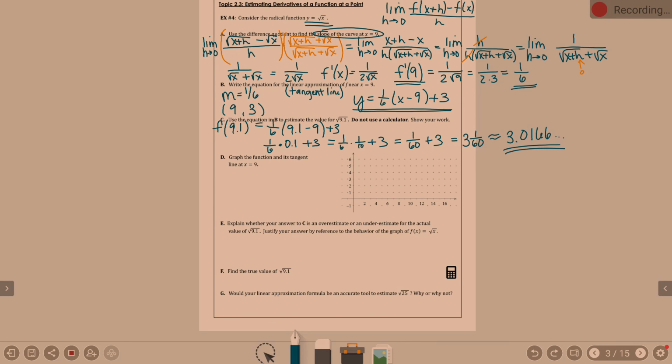D, graph the function and its tangent line at x equals 9. Okay, the function. Do you guys remember from pre-calc what square root of x looks like? Think 0, 0, 1 comma what? 1, 1. What's the next value I should put in? I don't want to take the square root of 2. 4. Just kidding. Square root of 4 is 2. Then the next value? Square root of 9 is 3.